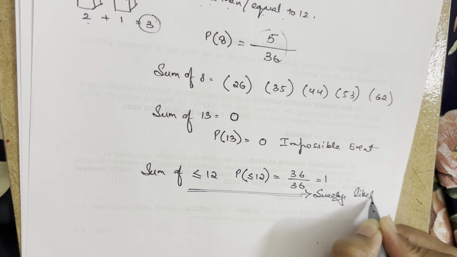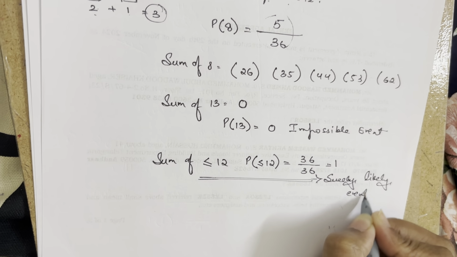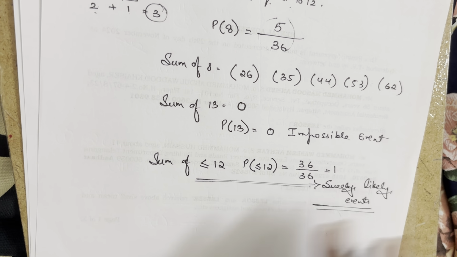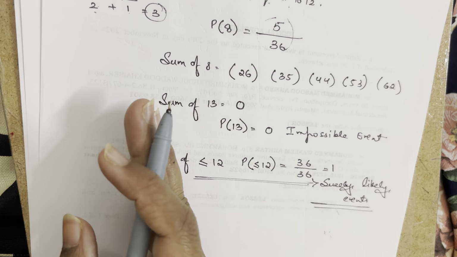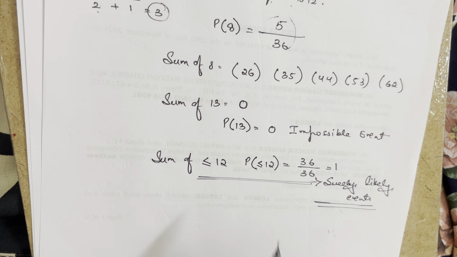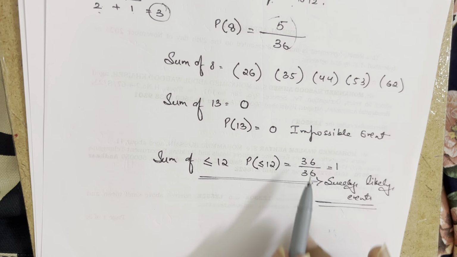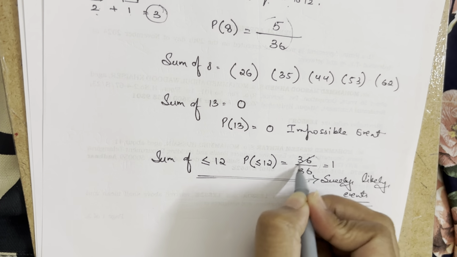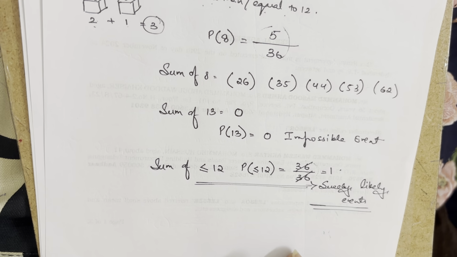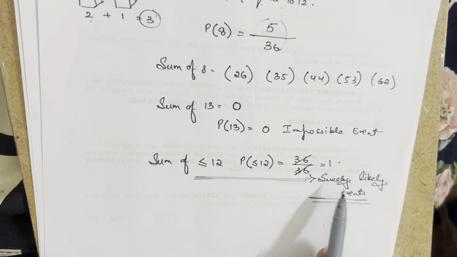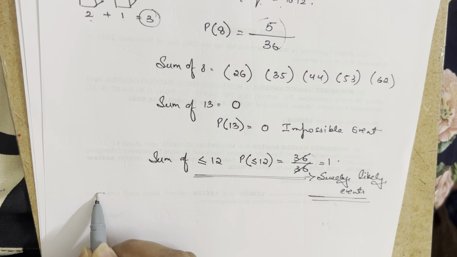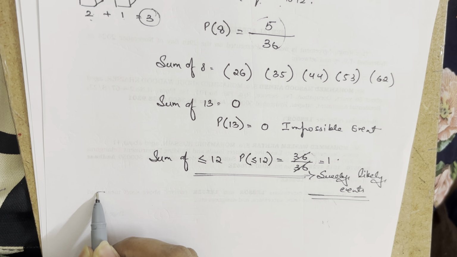All the ones will be less than 12 and 6 will be equal to 11, equal to 12. So all the options will come in here. 36 upon 36 cancels to 1, and so 1 is the probability, and it is called a surely likely event. And this is the end of the examples. Starting ahead, we will have your exercise questions in the next video.